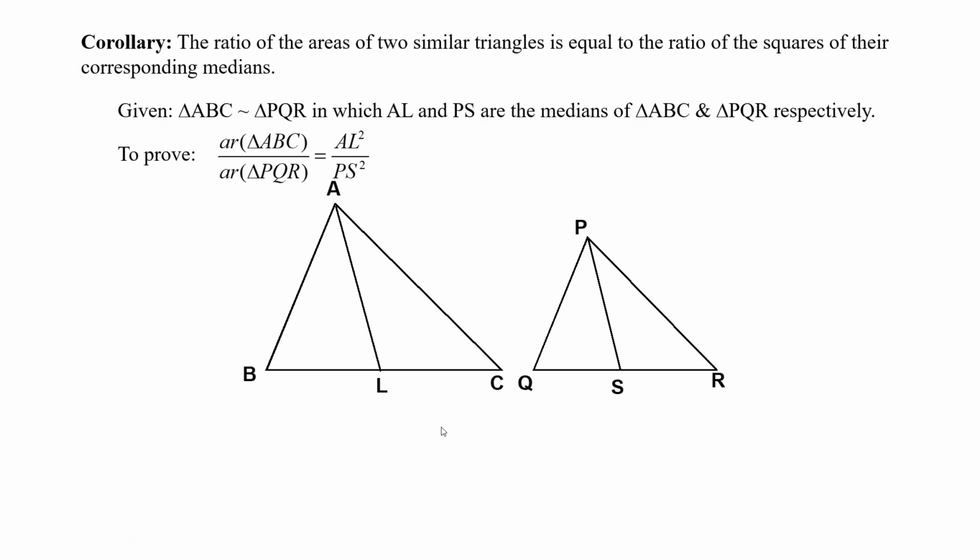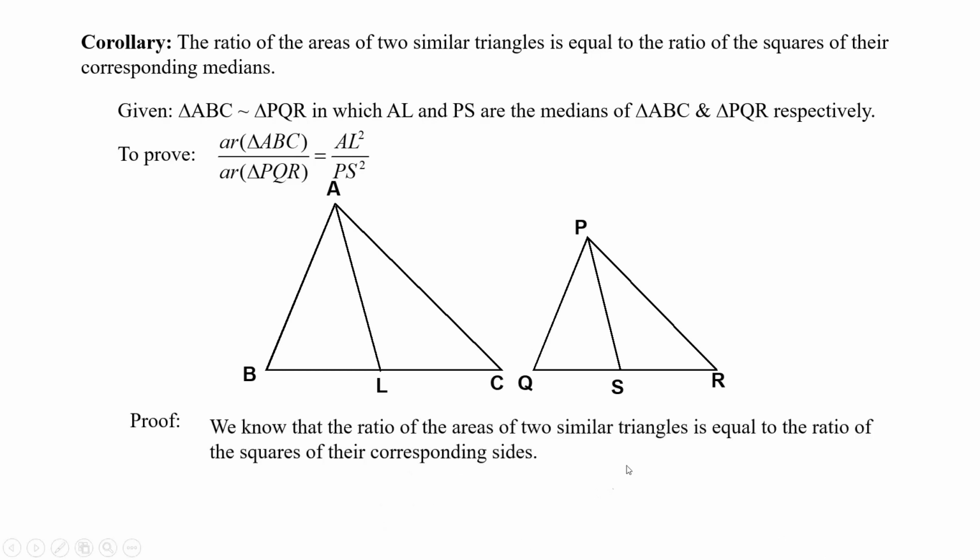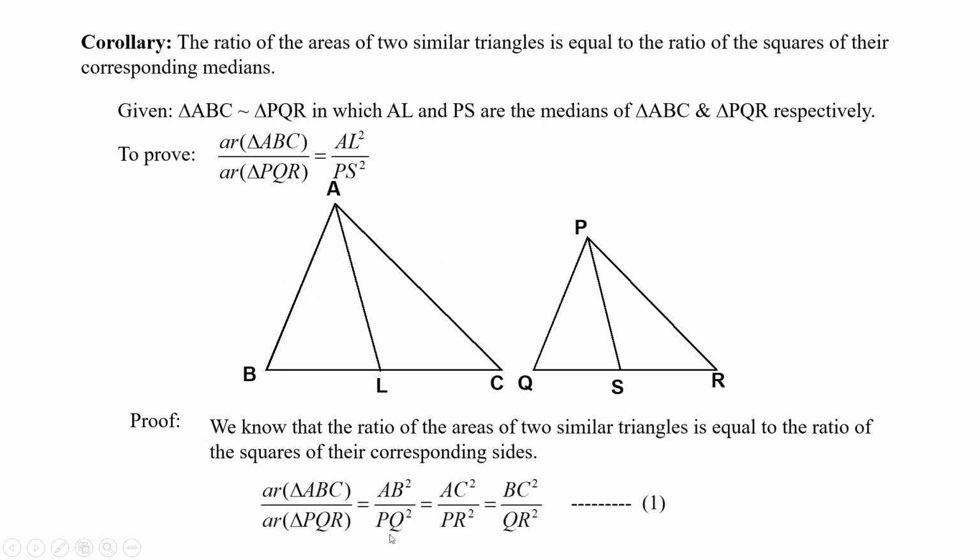According to that theorem, the theorem says that the ratio of areas of two similar triangles is equal to the ratio of the squares of their corresponding sides. So what is the ratio of areas of these two similar triangles? AB square upon PQ square, BC square upon QR square and AC square upon PR square.